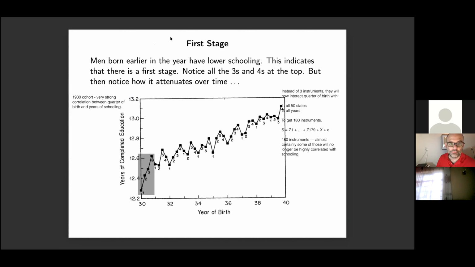Look at this one. For the 1938 cohort, almost no correlation between quarter of birth and schooling, right? So they now have as instruments variables that have almost no predictive power on schooling. Why does that matter? That's what we will see.